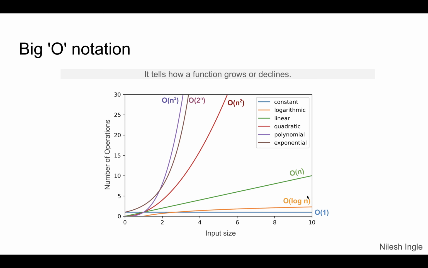However, if you look at these, which are the quadratic or exponential polynomial, after some point, even with a small increase in the input size, the number of operations increases drastically, and that is going to affect how many computational resources you will need to run that particular algorithm.